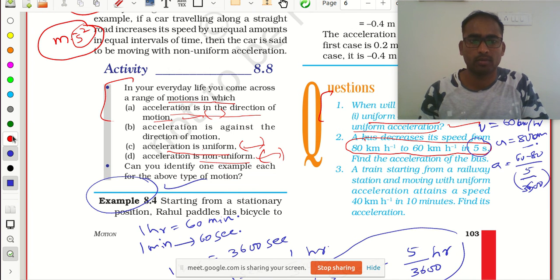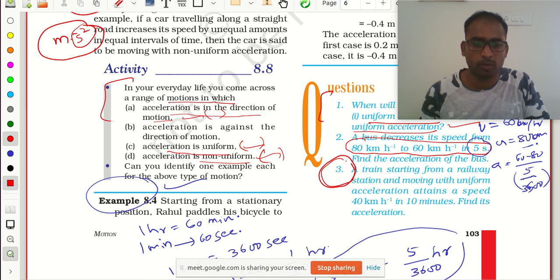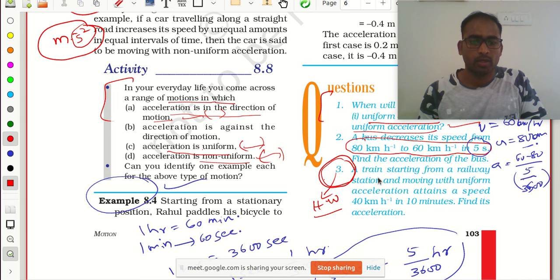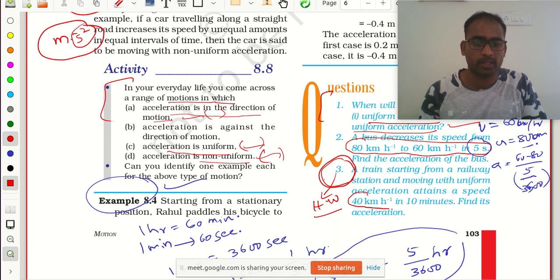Is it okay for everyone? Yes, sir. Okay, then this third problem is homework for you all. A train starting from a railway station and moving with a uniform acceleration attains a speed of 40 km per hour in 10 minutes. Find the acceleration. Simple. What will be the acceleration?